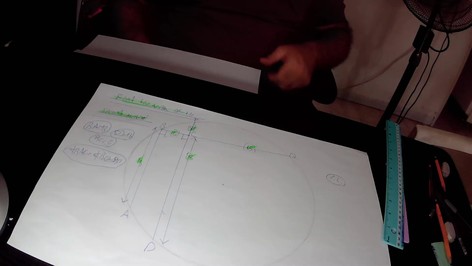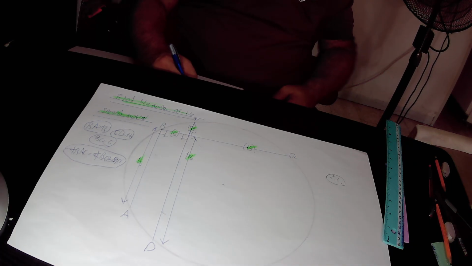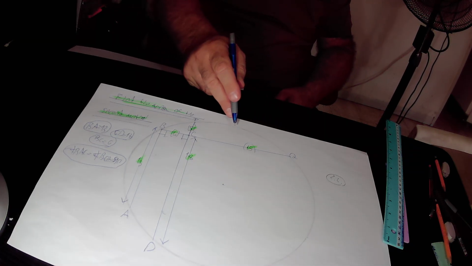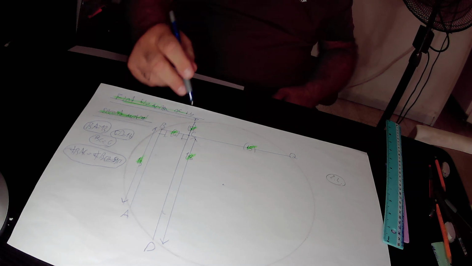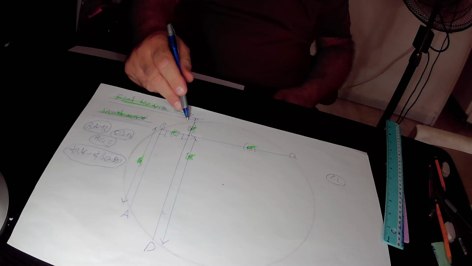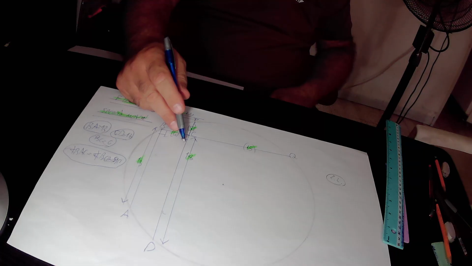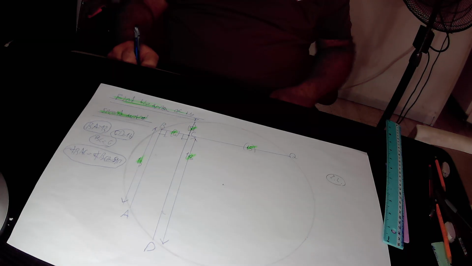BC is 6, therefore BC square is 6 squared, that is 36, plus CQ square. CQ is 15, therefore CQ square is 15 squared, that is 225, plus TC square. TC is 5, therefore TC square is 5 squared, that is 25, plus CD square. CD is 18, therefore CD square is 18 squared, that is 324, equals 4R square.